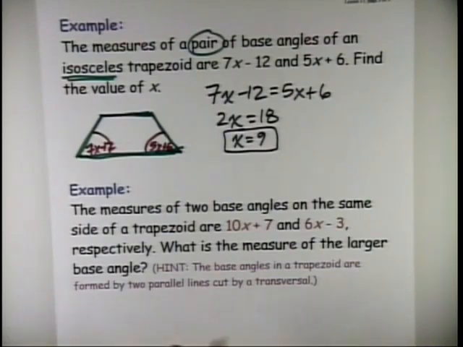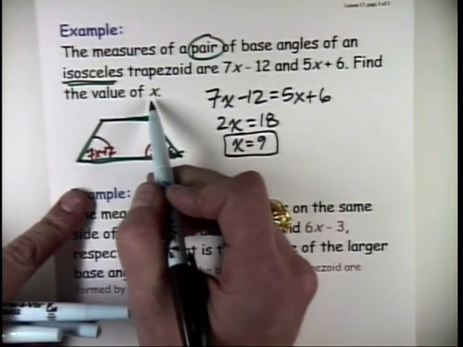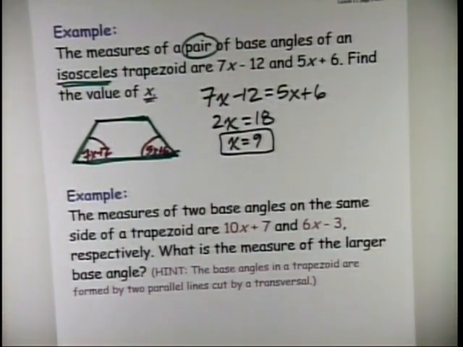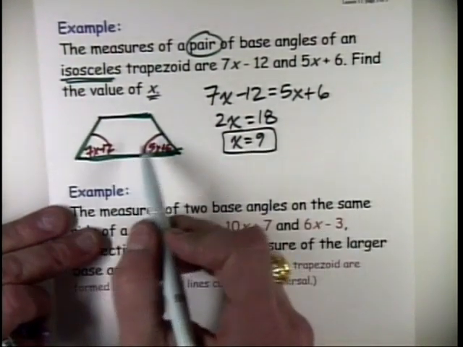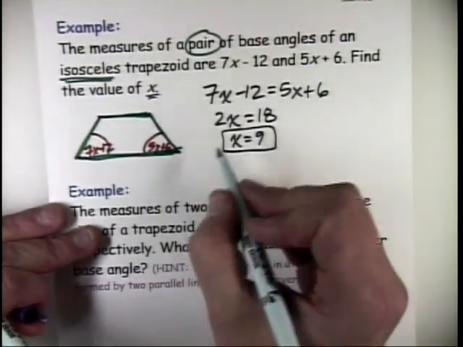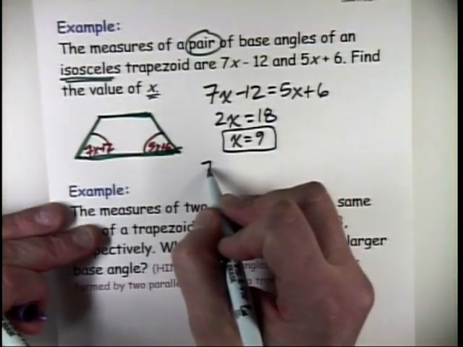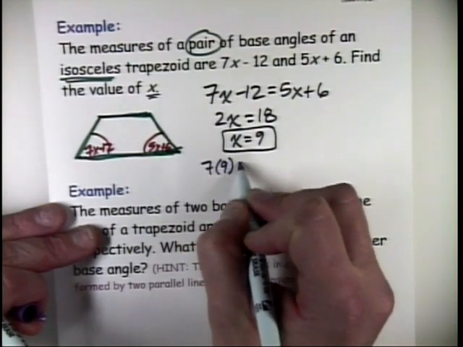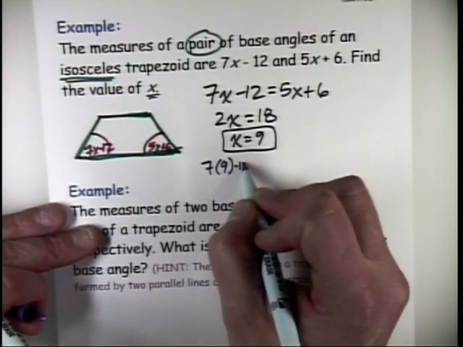But there weren't. Now, again, did we answer the question? This said to actually find the value of x. So we did answer the question, but if you have time, it would probably be beneficial to plug them back into each expression and make sure they are, in fact, the same. So let's try that. This angle here was 7 times x, which is 9, minus 12.